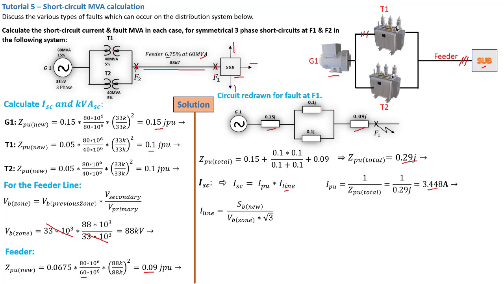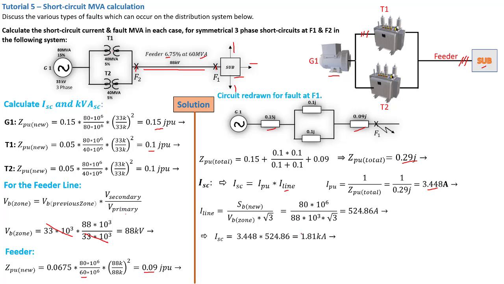Because the fault is located here at the feeder, the zone voltage there is also the 88 kilovolts. So that's where your V_B zone will come from, with your 80 MVA S_B (new). And then you find a value of I line of 524.86 amps.